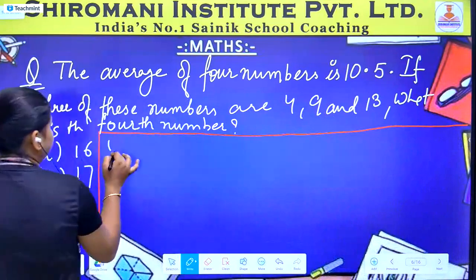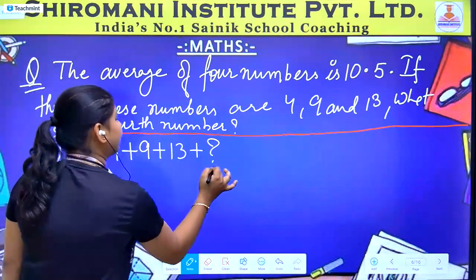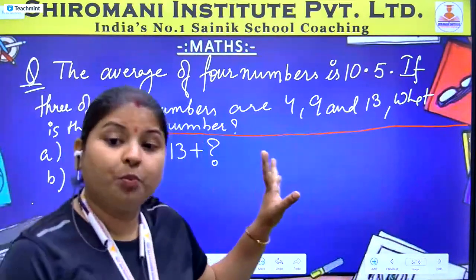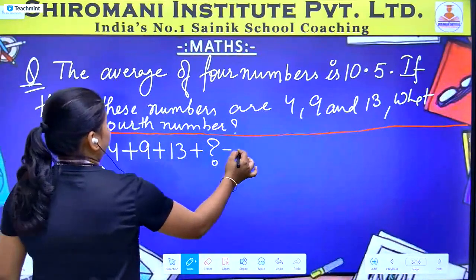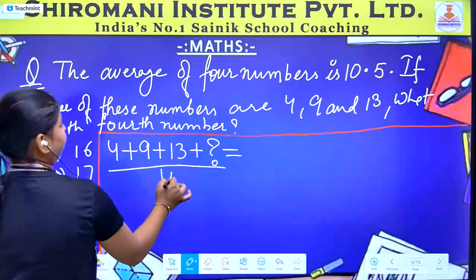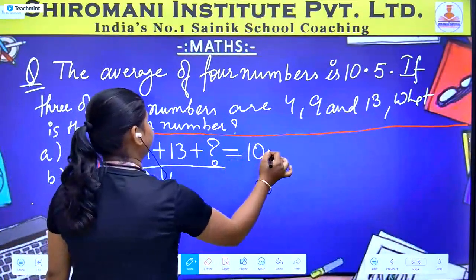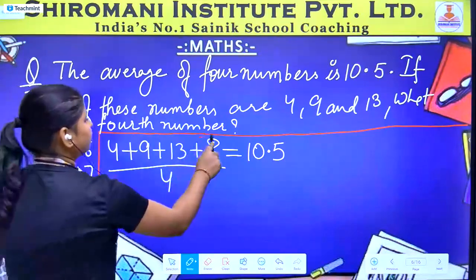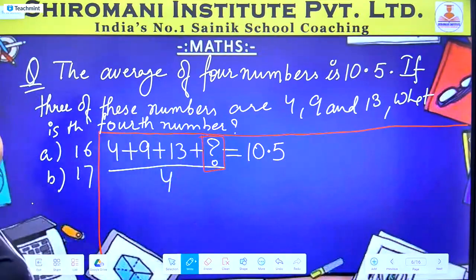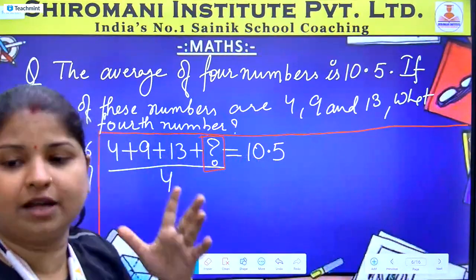That means if I add 4 plus 9 plus 13 and one more number, the total value divided by 4, because I have 1, 2, 3, 4 values, my average shall be 10.5. Now I have to calculate the value of this question mark. You can take this question mark as x, or as the fourth number.